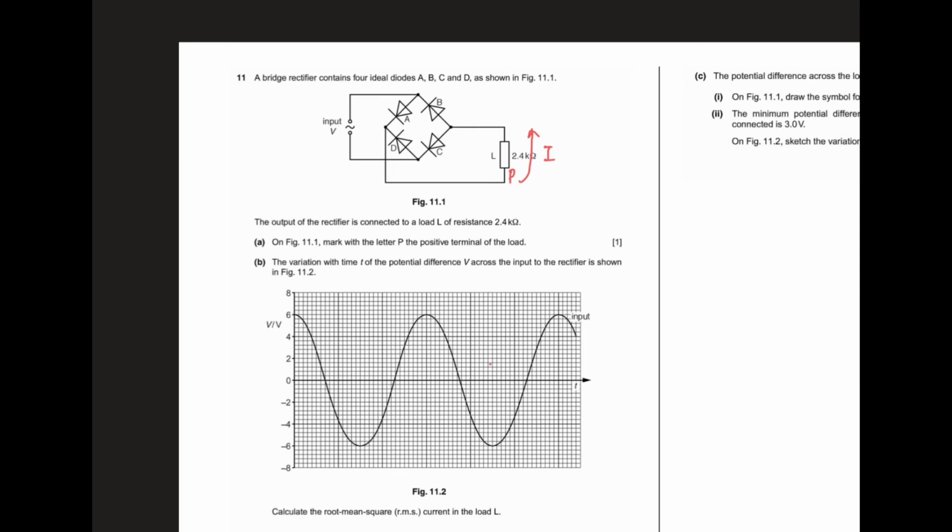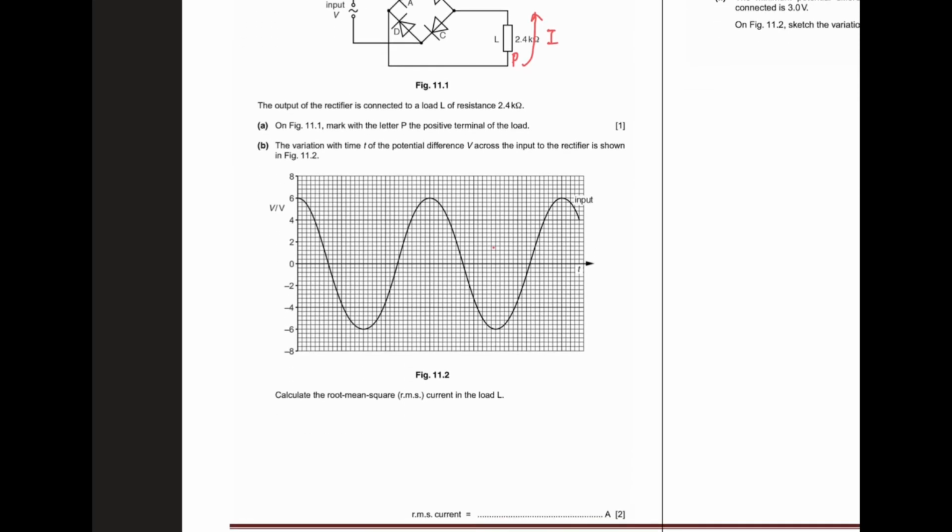Calculate the root mean square current in the load L. To calculate the root mean square current, that means we have to count the root mean square I. Let's put it here.